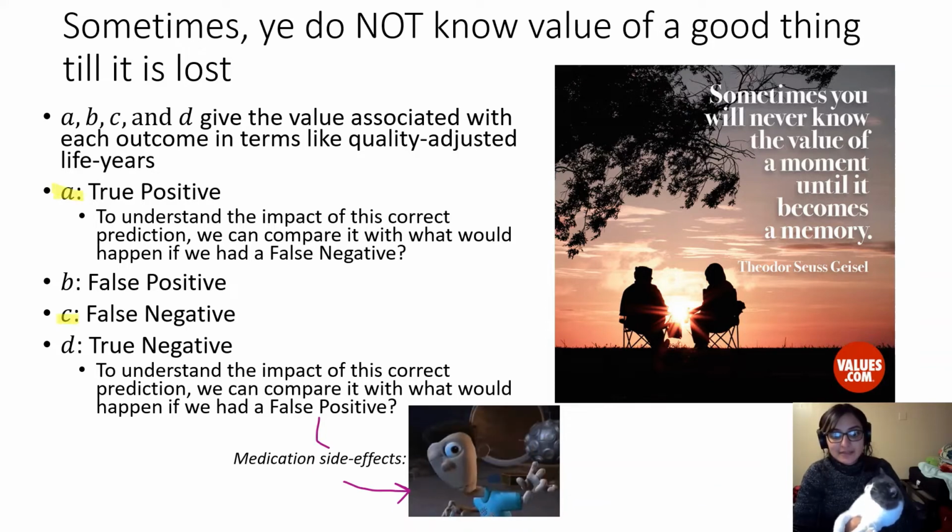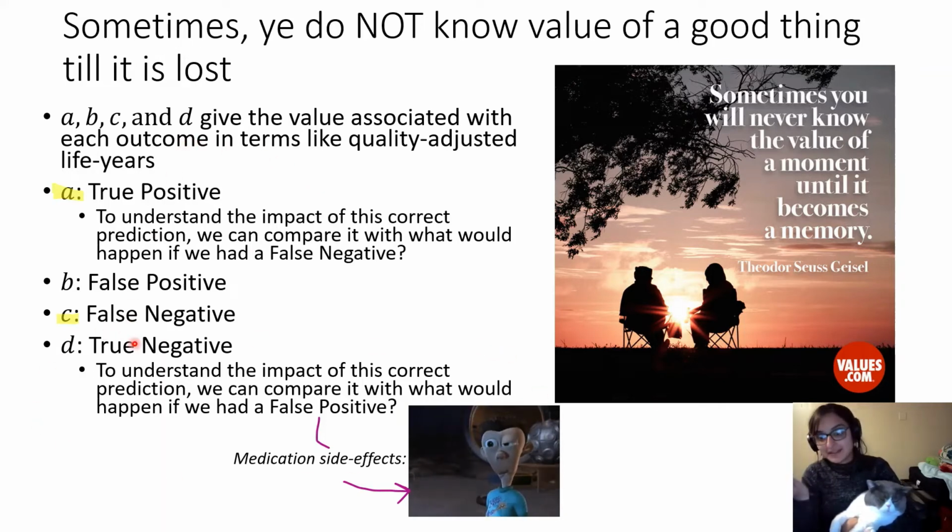And similarly, to appreciate the true negative, why is it important that we correctly predict you do not have the disease or condition when you don't have it? Why is that helpful? Or what is the value of this correct prediction? Well, we can think of the other side of the coin.